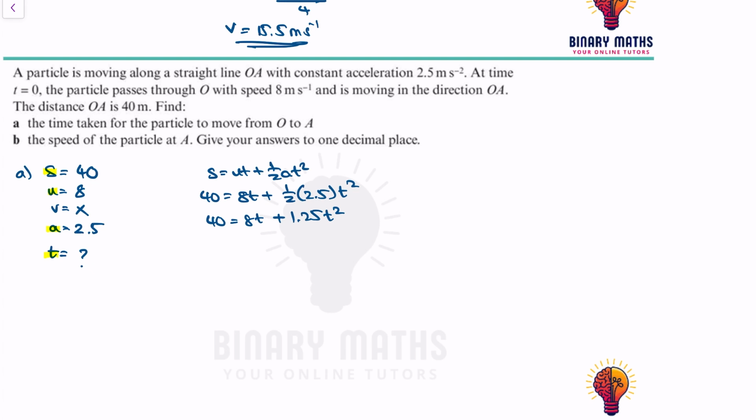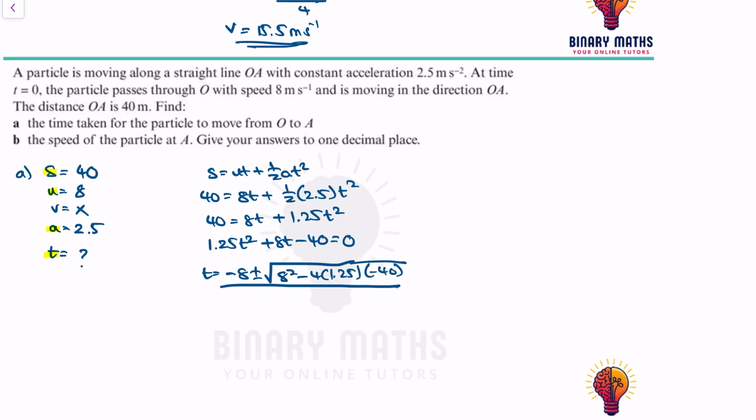If I take everything to the right hand side, I get 1.25 T squared plus 8T minus 40 equals 0. So using the quadratic formula, we get t is equal to minus 8 plus or minus the square root of 8 squared minus 4 times 1.25 times minus 40 all over 2 times 1.25.